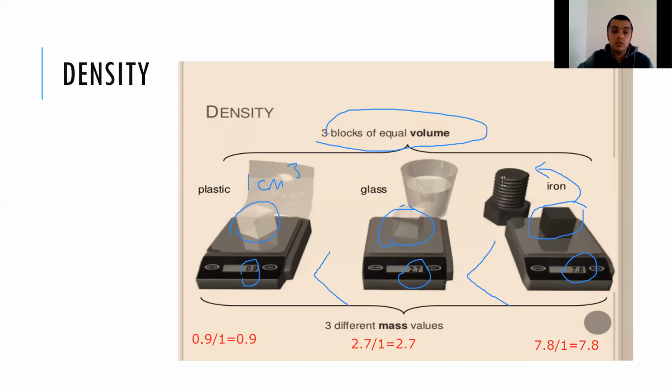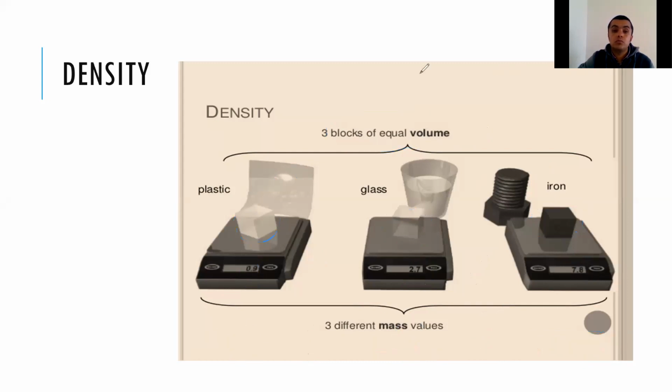Even when you calculate, you see a similar ratio and a similar order between them. This one has 7.8 grams, this one is 2.7, and then 0.9. That's what we need to use to be able to compare the densities of these 3 samples.